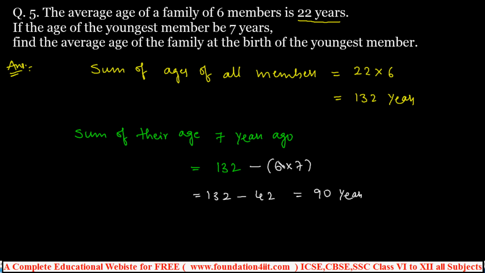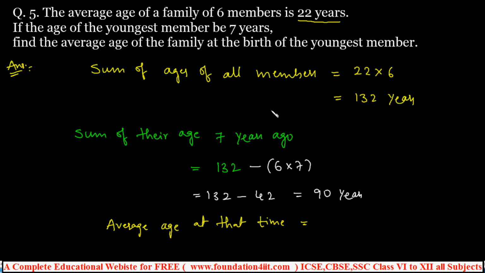Now at that time we need to find their average. So average age at that time, 7 years back. Now there are 6 members, but 7 years back only 5 members, because one member we have to remove, since they said at the birth.